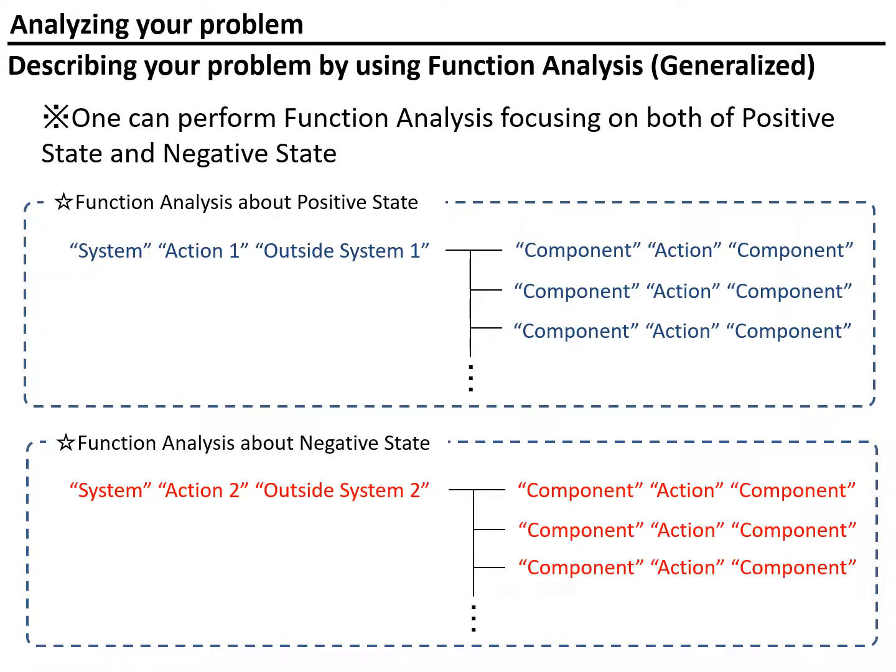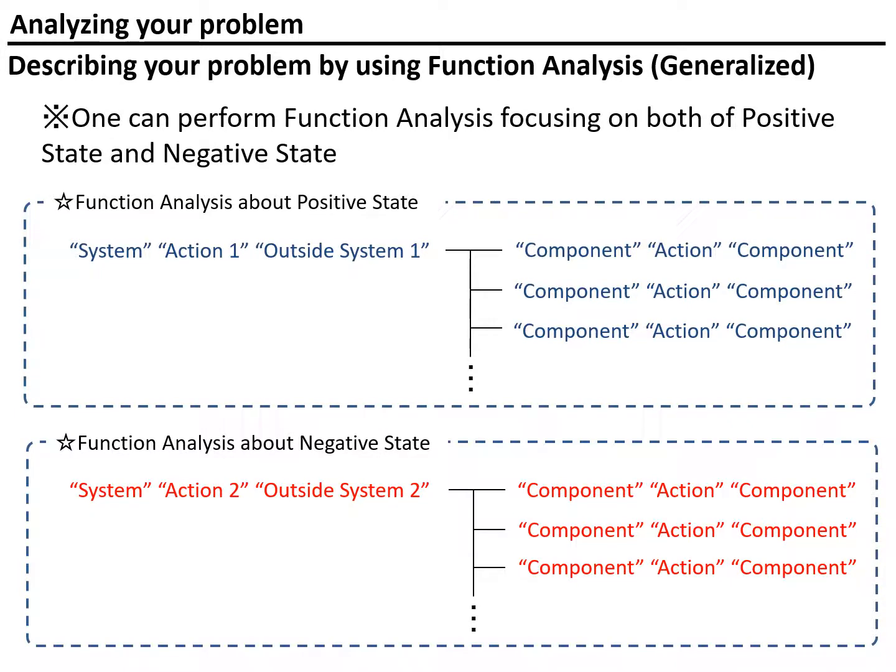This function could then be broken down into a combination of functions. You could analyze in detail what's going on to generate the positive state by using components and the interactions among them. And similarly, you could perform function analysis on the negative state.